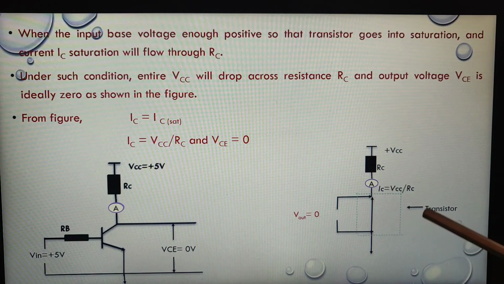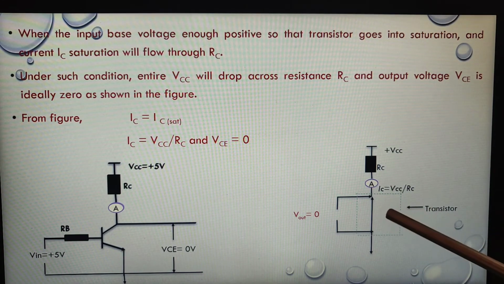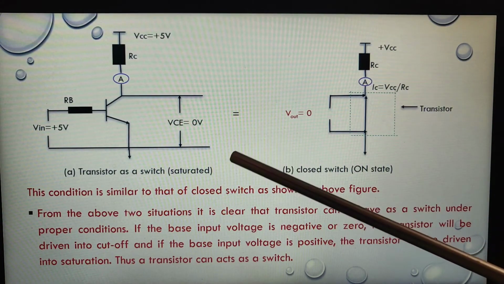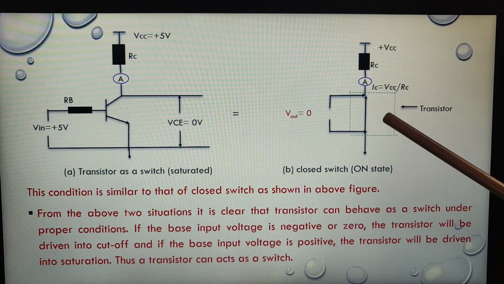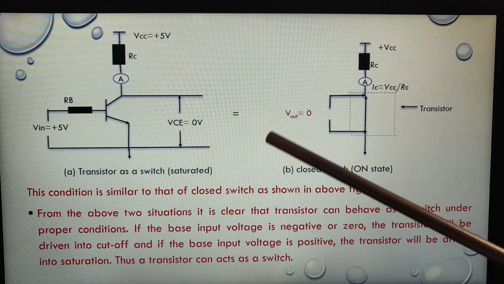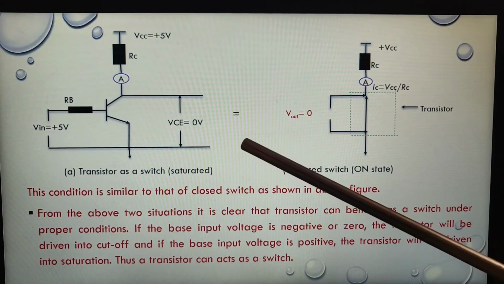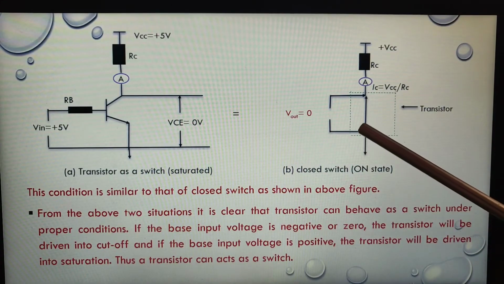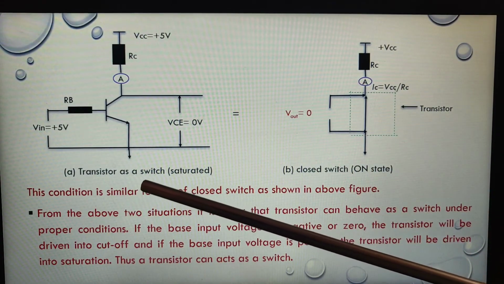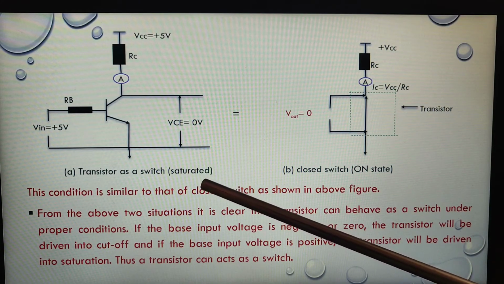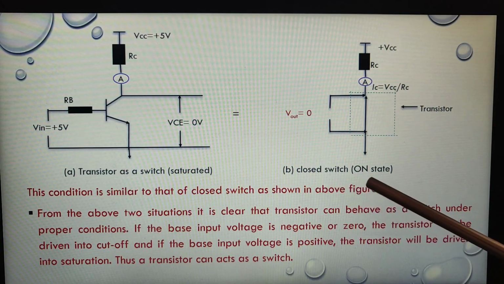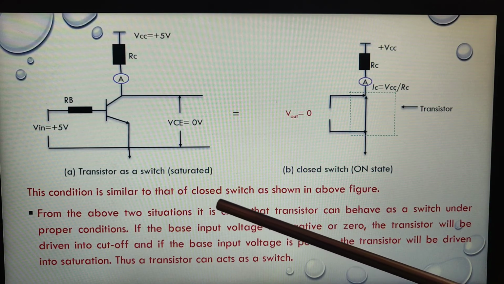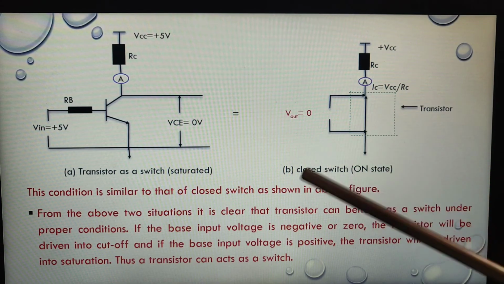So here the transistor acts as a closed switch, right? Same diagram is here, V out, transistor acts as a closed switch. Both diagrams are equivalent to these diagrams. So here transistor as a switch in the saturated region is a closed switch, that means on state. This condition is similar to that of a closed switch as shown in this figure.